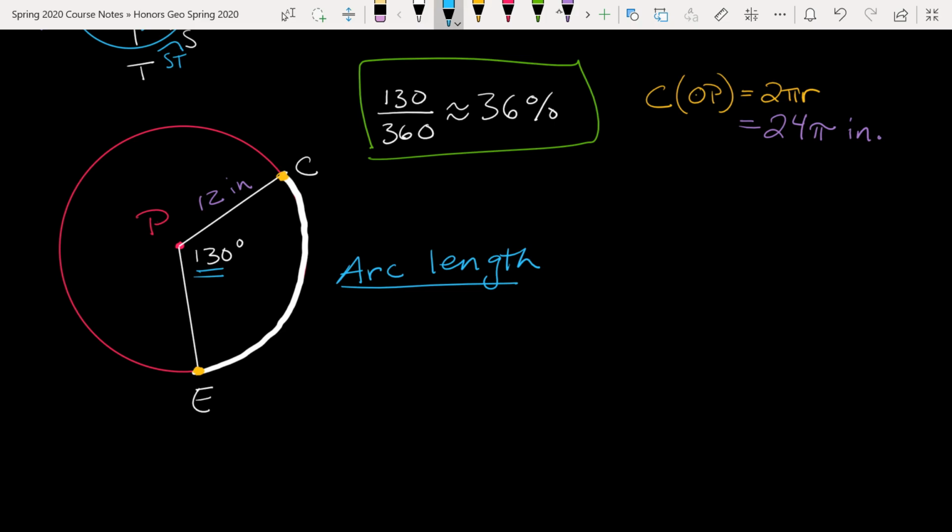Now we have the two pieces of information we actually need to find the length of arc CE. One, we know it's about 36% of the circumference of the circle. And two, we know the circumference of the circle is 24 pi inches.